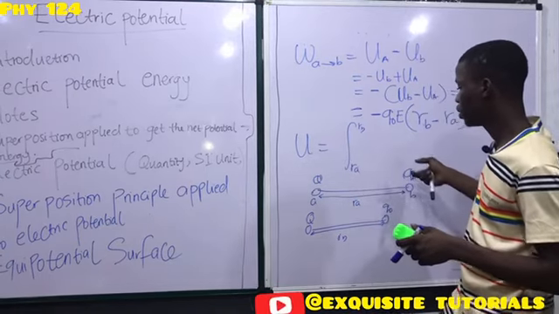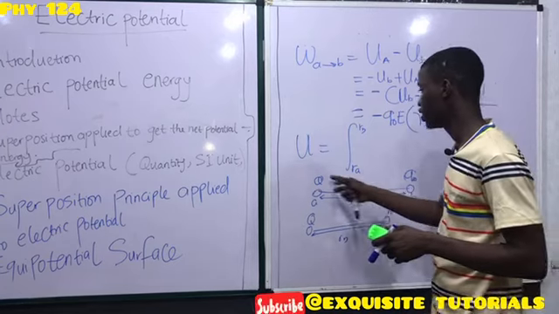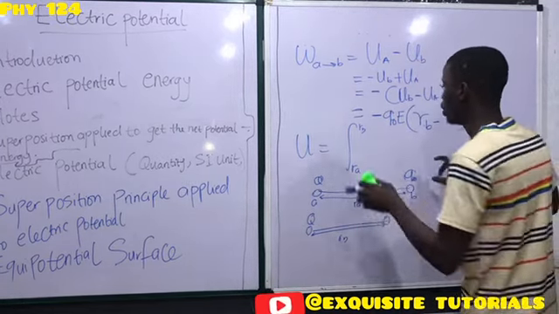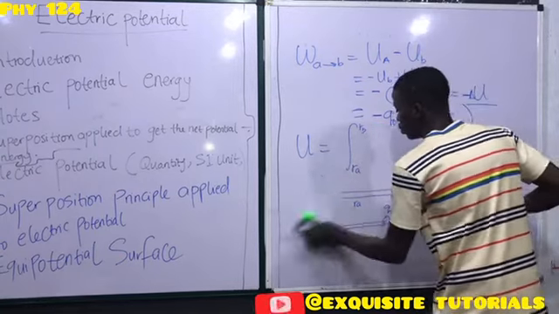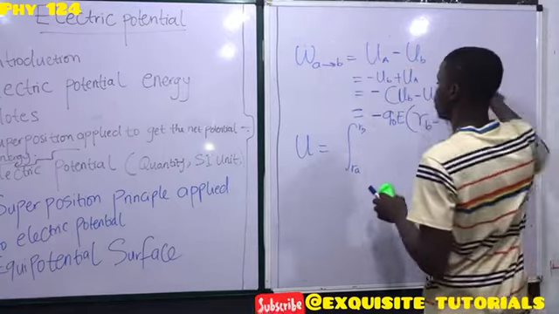The change in the electric potential energy that exists between these two diagrams I drew here is what I'm trying to calculate here.